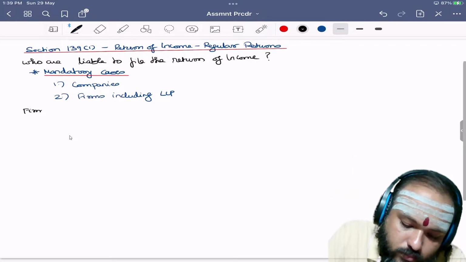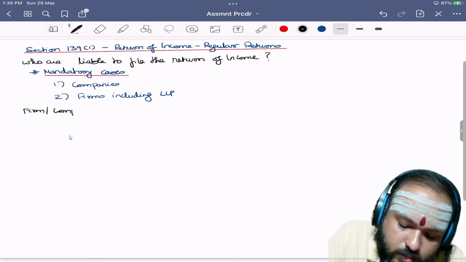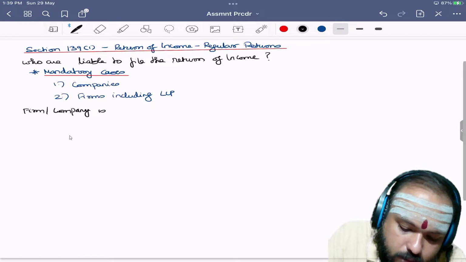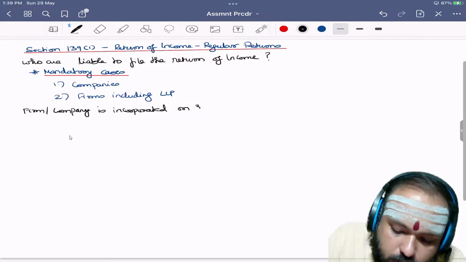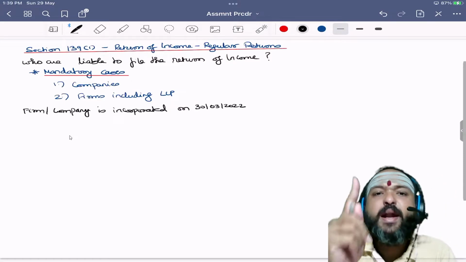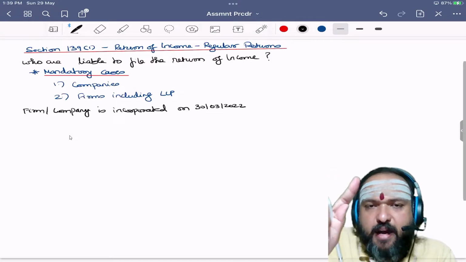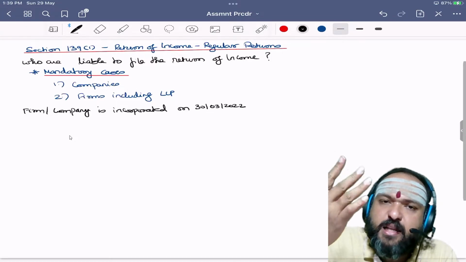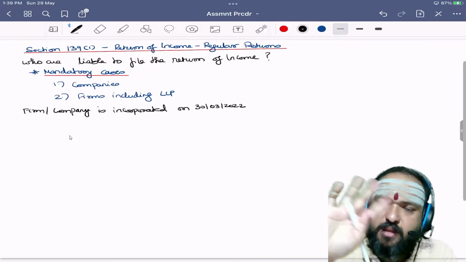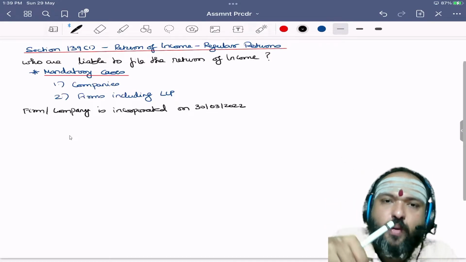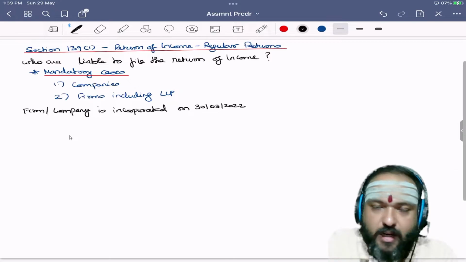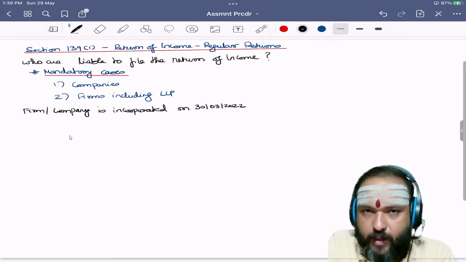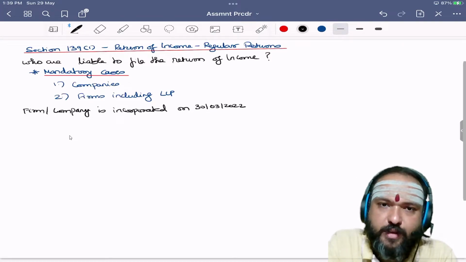Firm or company is incorporated on 30th of March 2022. So only one day it has stayed in existence after it's being formed, and nothing has happened. No business was done, nothing is done. Whether they are required to file the return of income? Yes, they are required to file the return of income.